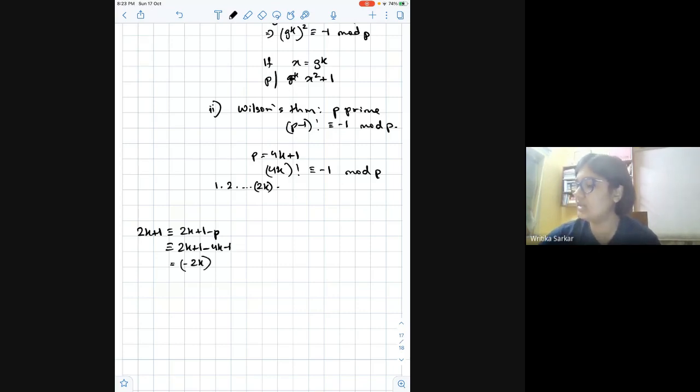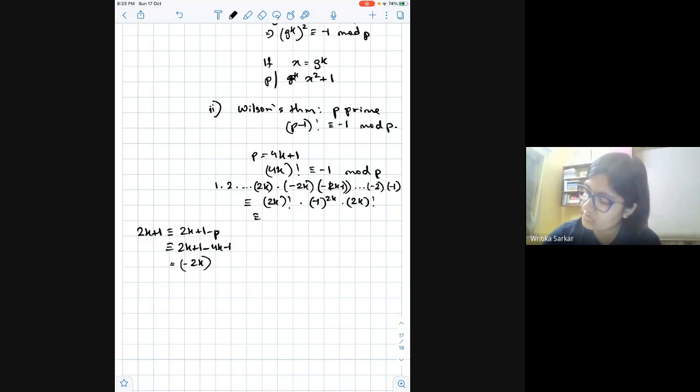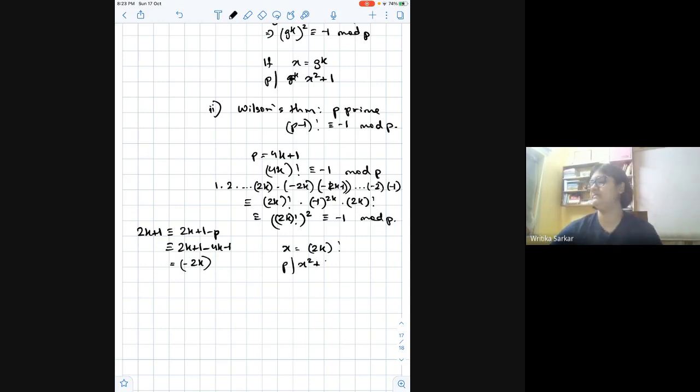And you can do that for all the upcoming factors. You have -2k times (-2k + 1) all the way to -2 times -1, right? And this is congruent to (2k)! times (-1)^(2k) times (2k)!, which is congruent to ((2k)!)^2, and that's congruent to -1 mod p. So you could take x equal to (2k)!, and you see that p divides x squared plus 1.